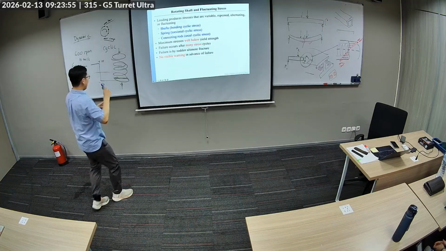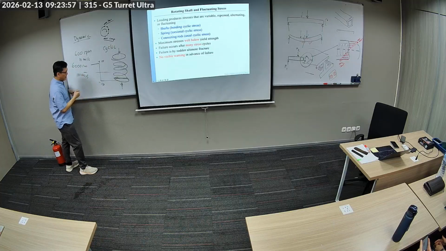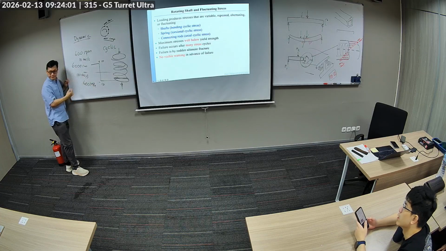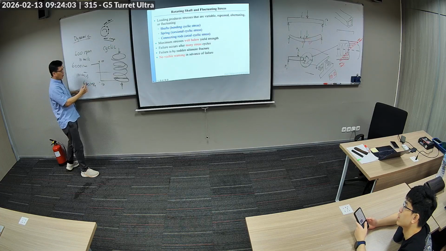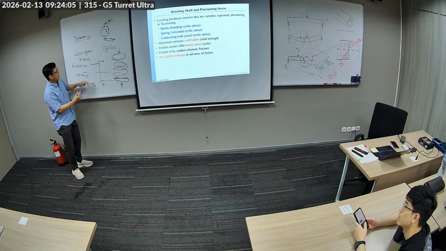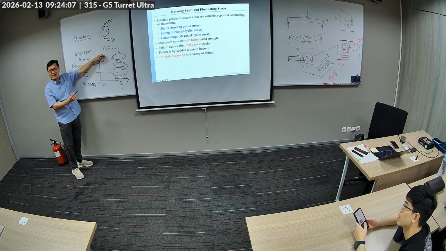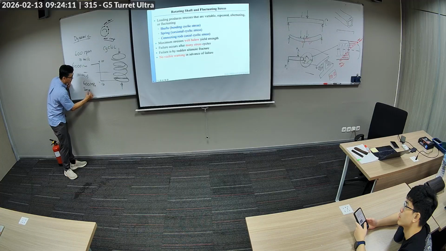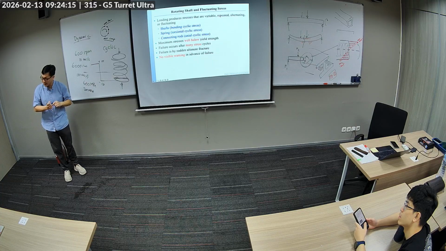Now, if a material has a yield stress of 600 megapascal, then what we're saying is that with dynamic or cyclic load of 200 megapascal, you can actually fail or yield the material. Interesting.